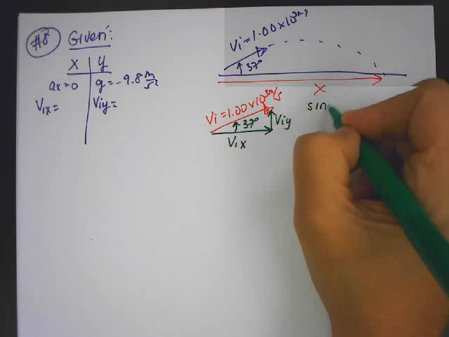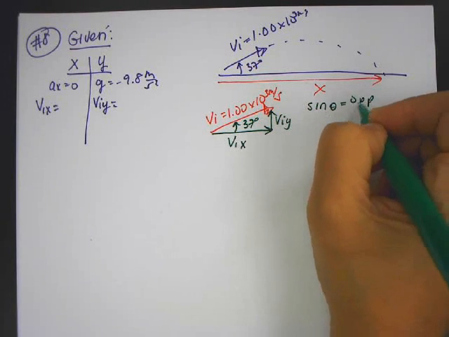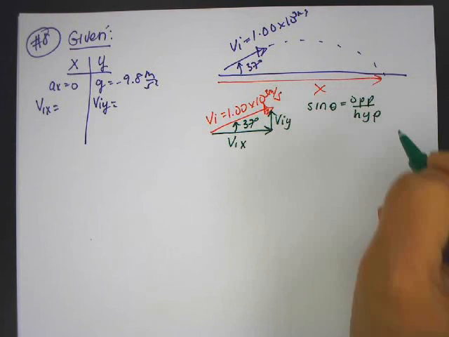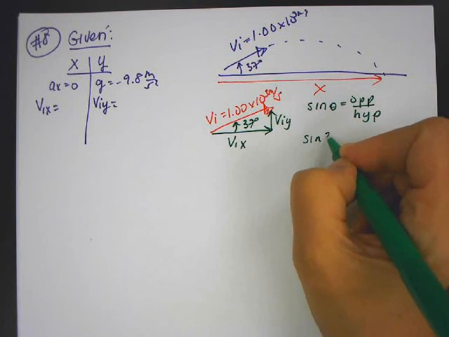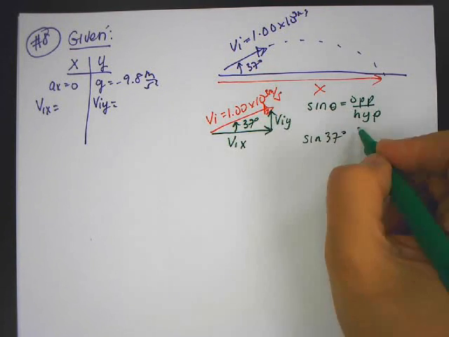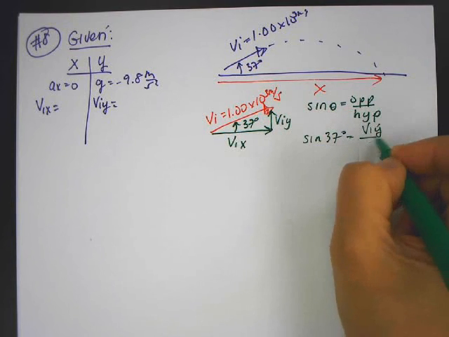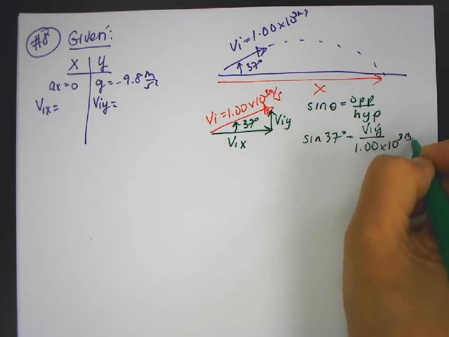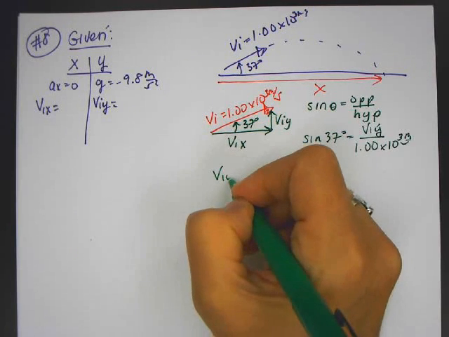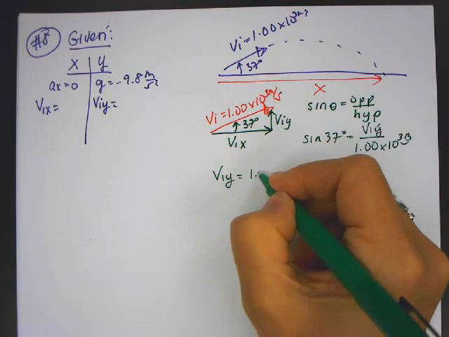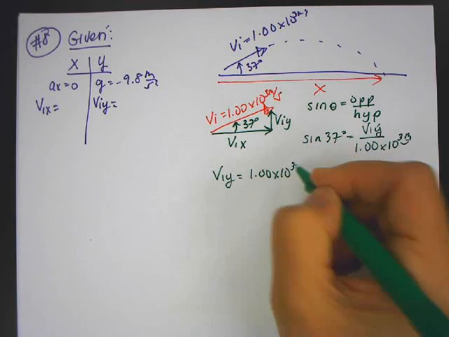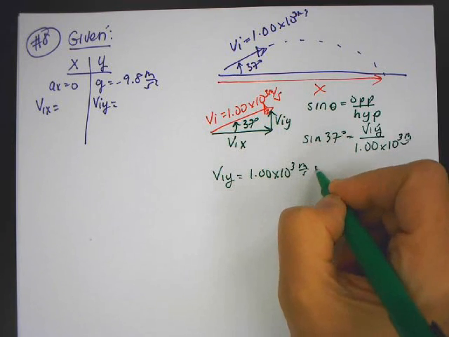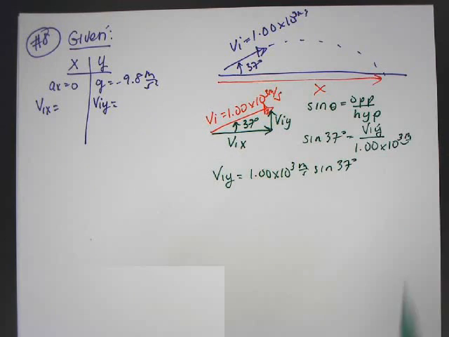So I'm going to write sine of theta is opposite over hypotenuse. So sine of 37 degrees, what's opposite? viy over the hypotenuse, which is 1.00 times 10 to the 3. So now viy is equal to 1.00 times 10 to the 3 times the sine of 37 degrees.